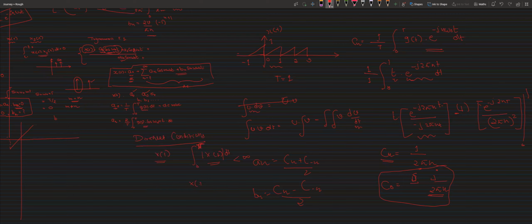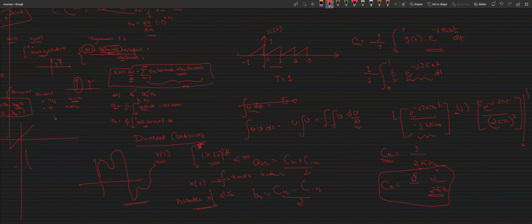Next condition, x of t should have finite maxima and minima. In the sense, if I consider this particular signal, I have two maxima and two minima, right? The signal should have finite maxima and minima. And the number of discontinuities in a signal should be finite.